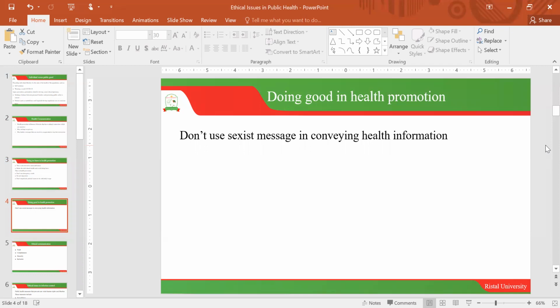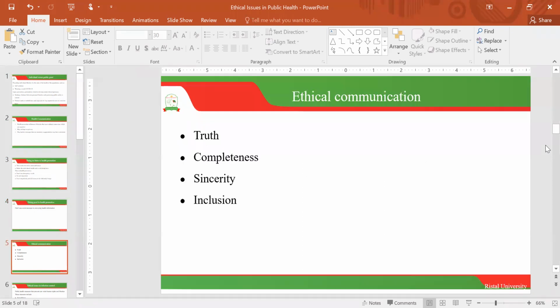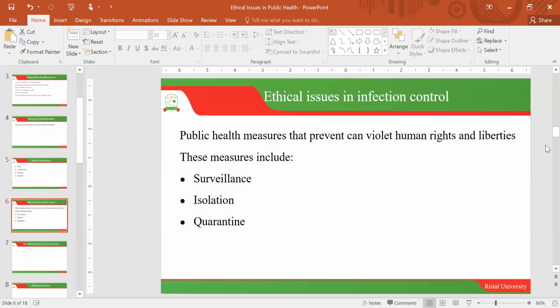Avoid that. In all communications, whether you're crafting an announcement or an advert about an outbreak of a particular disease, you need to be ethical. Be truthful. Make sure that the message is complete. Be sincere. Say what you know, and if there are things that you don't know, then say that you don't know. Be inclusive in your messaging.